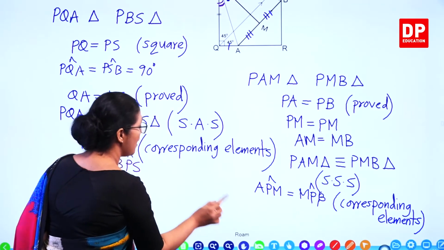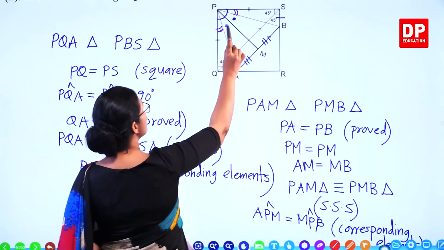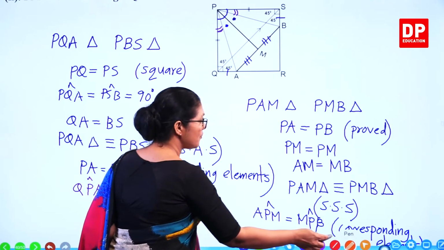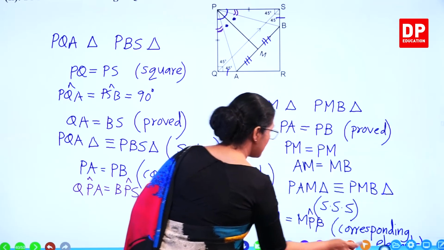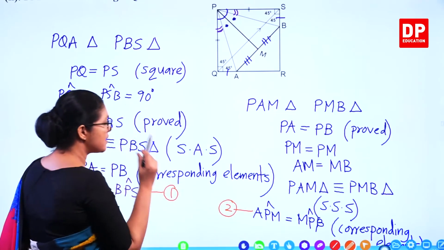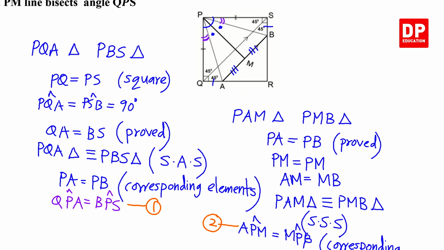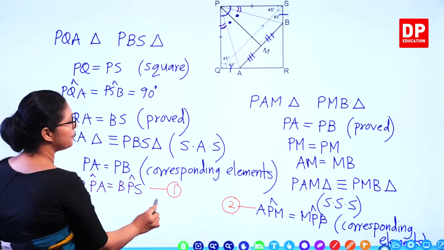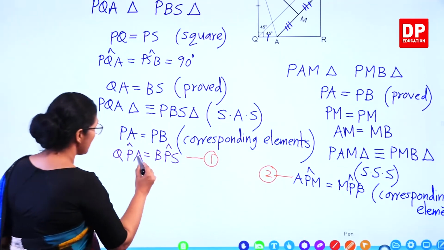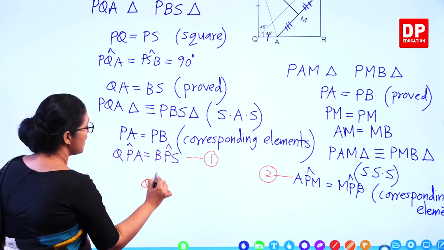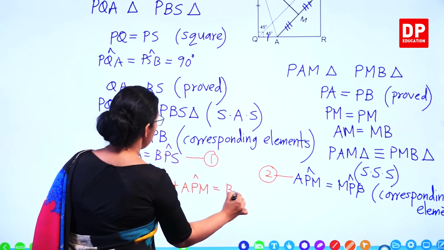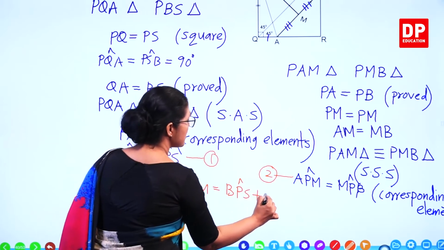And now what we have to say? We know these two angles are equal. Now we'll add this one. We'll take this equation as 1 and this equation as 2. So we'll add 1 and 2. What you get? QPA and APM is equal to BPS plus MPB.